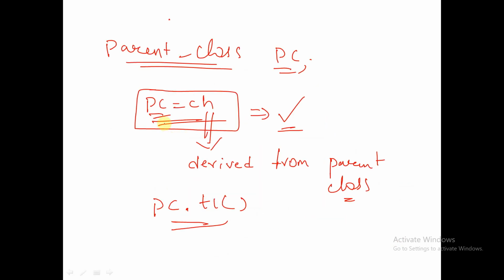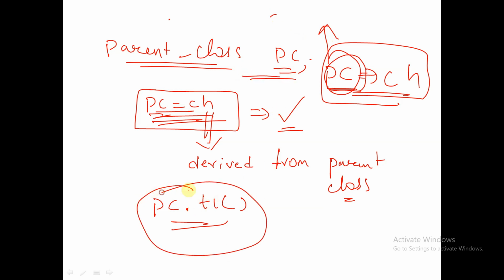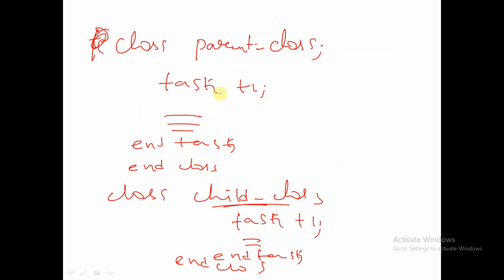PC is pointing to ch, but the compiler will think that PC is of parent class handle type only. So that's why when we call pc.t1, we get only the task which is declared inside the parent class. So here we are not able to achieve polymorphism.